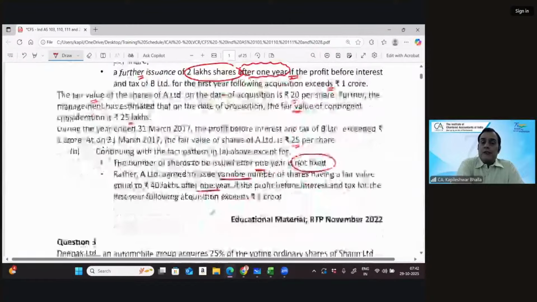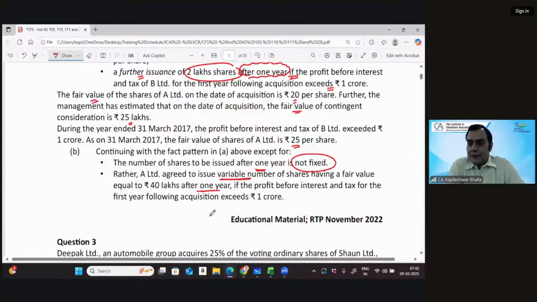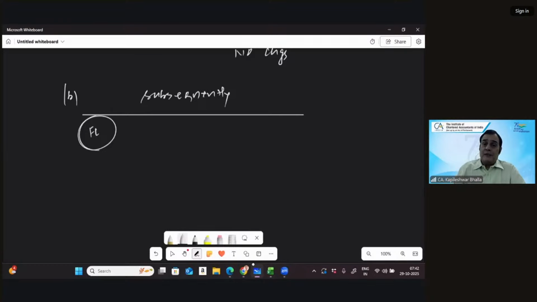In this particular case, it says, continuing the above pattern, the number of shares is not fixed but variable, and the fair value is now equal to 40 lakhs. Initially, the fair value was 25 lakhs, and on the balance sheet date, the fair value is 40 lakhs.